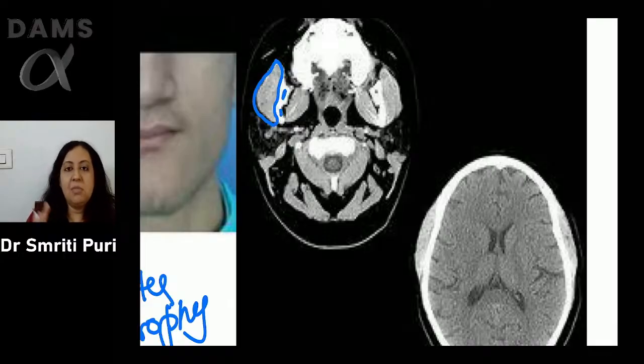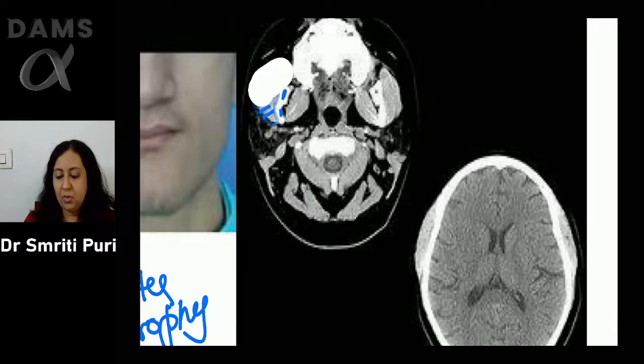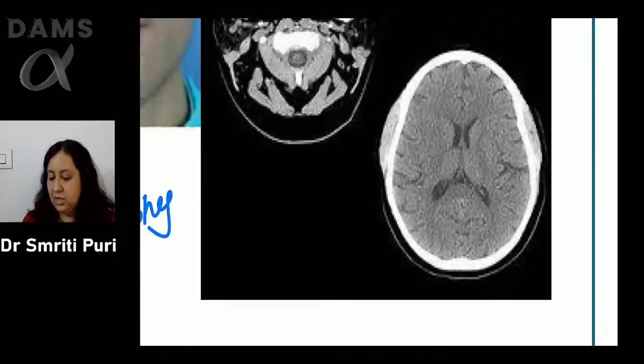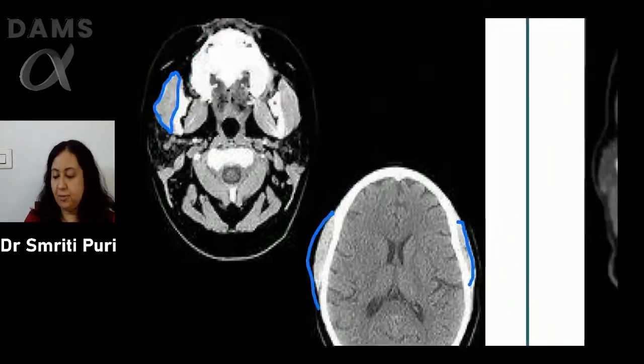Okay, you see that muscle has increased in size, and there is a uniformity in the radiographic image. It is uniform all around. Similarly here, you see this masseter muscle is bulging more as compared to the normal side. So this is your hypertrophy.